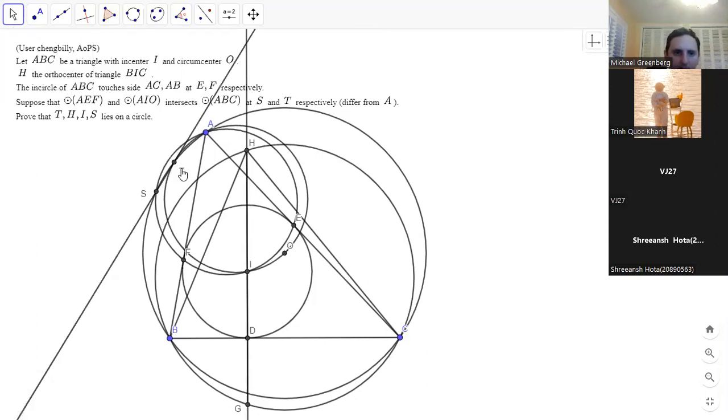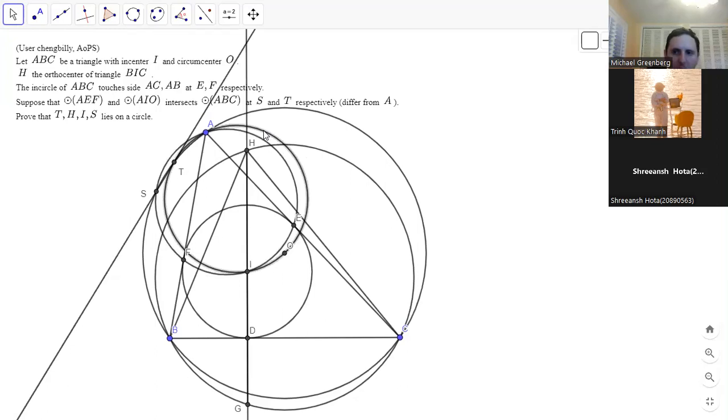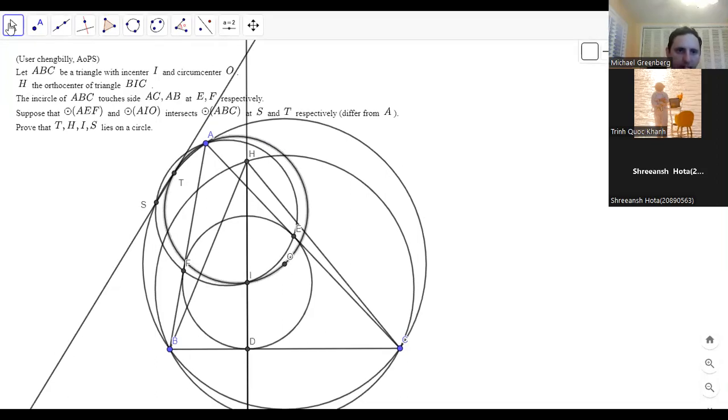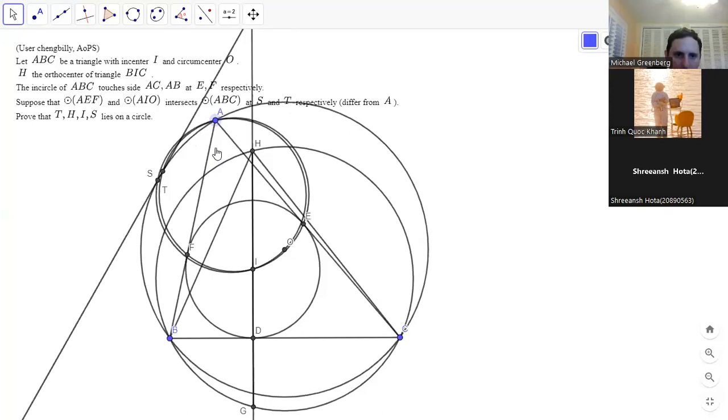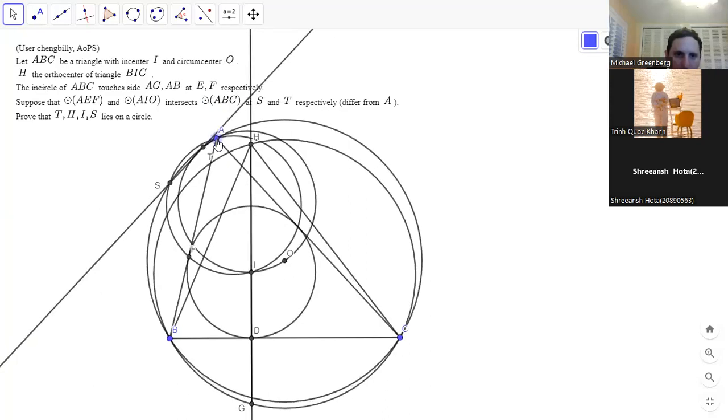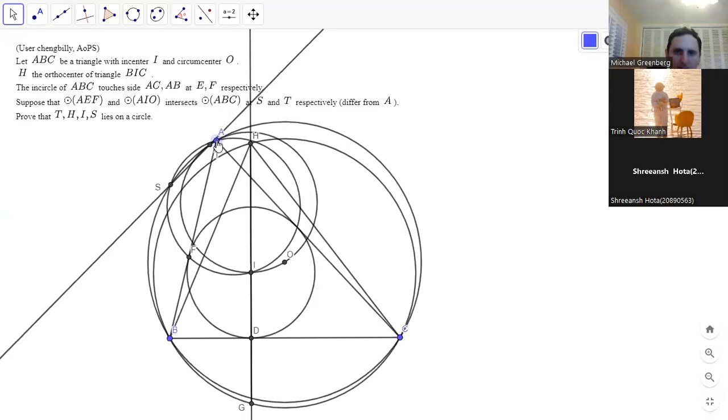Let's see. We have this circle and this circle. So we want to show, I wonder if ST is tangent to that circle. I don't think it is.